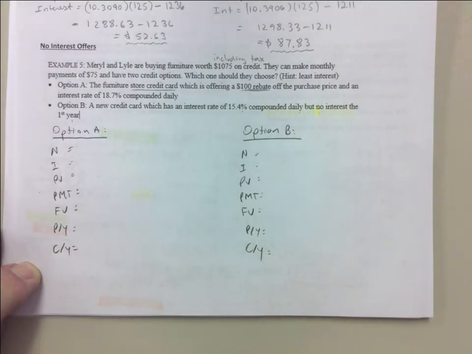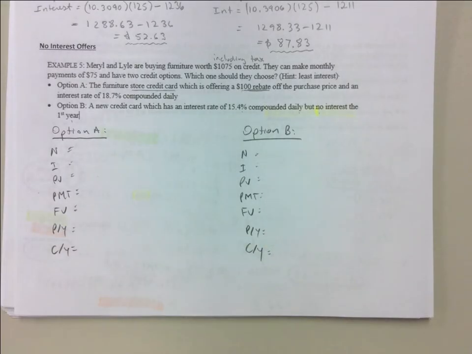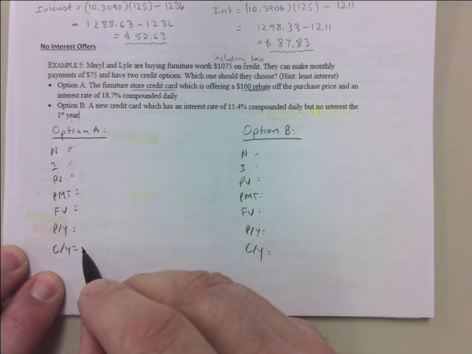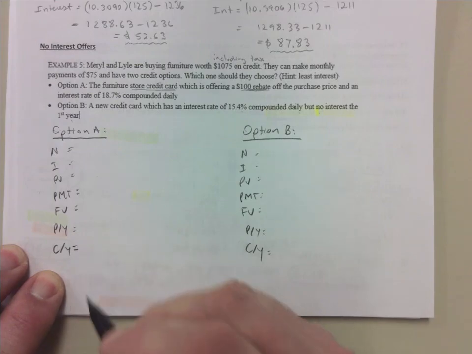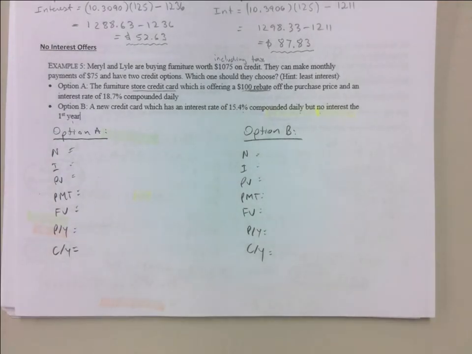If you can get all of them right except for one, you still get a decent amount of marks. You get 1.5 out of 2. So your goal is try to get as many of them right as you can. I'll give you a chance to do it. Fill in as much as you already know.